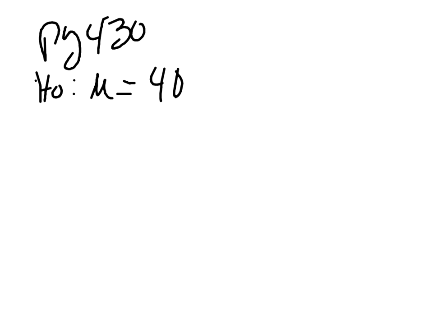Well, if we do not know ahead of time whether we expect our alternate hypothesis to be bigger than 40 or less than 40, in other words, if it's a right or a left-tailed test, then for our alternative hypothesis, we use the not equal to sign, because we don't know which side of the normal distribution our z-value is going to fall in.